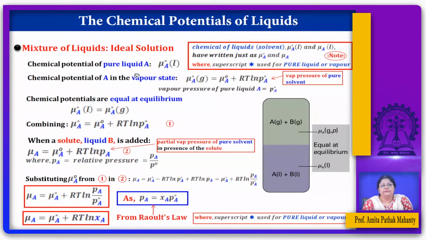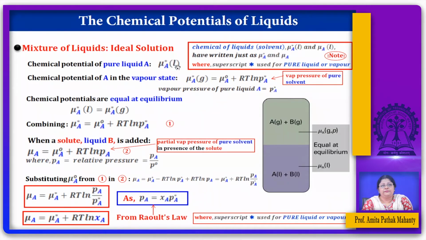Then the chemical potential of the pure liquid, let that be mu A. Since I'm talking about the solvent, which means the amount in excess, whenever I'm talking about a pure system, I superscript it with a star. That is the convention for all chemical potential representation for a pure liquid system. Whatever thermodynamic parameter you are dealing with will be marked by a star.